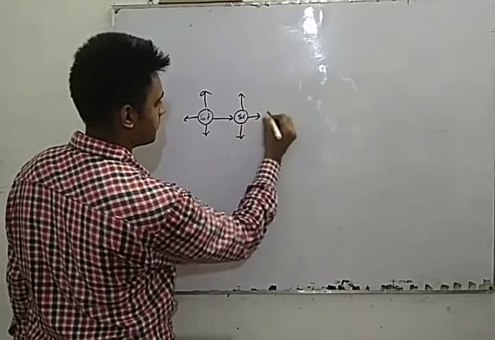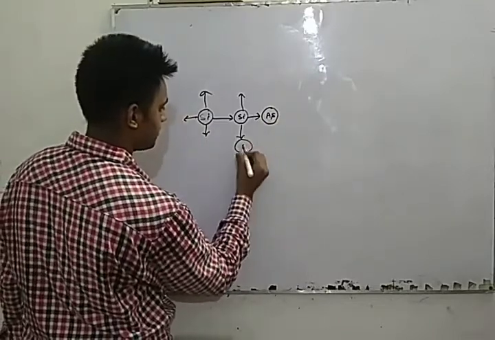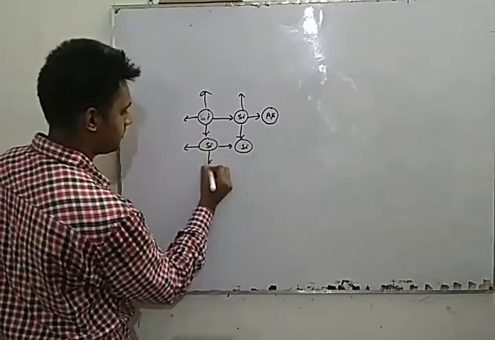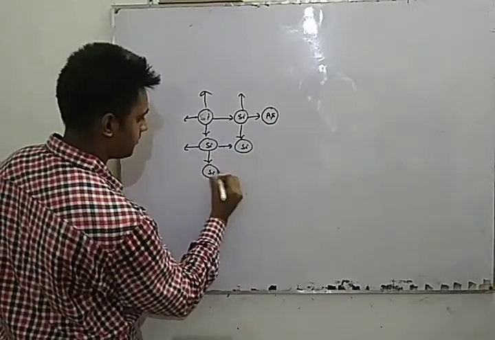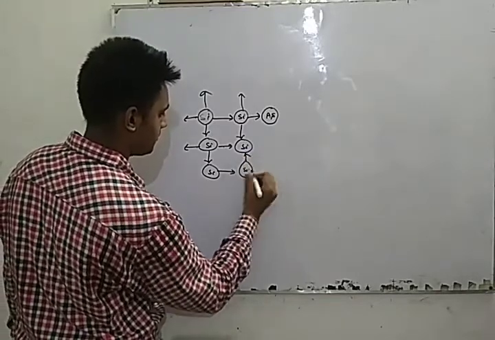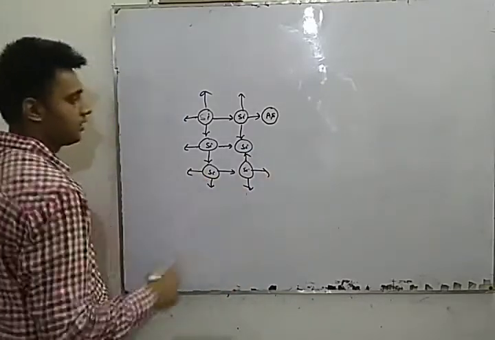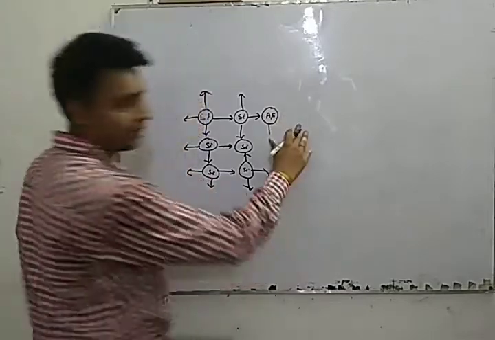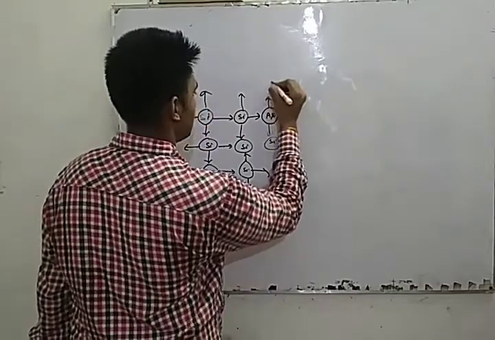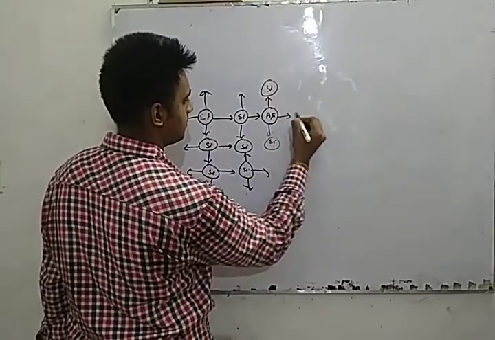So arsenic, silicon. Arsenic is from the nitrogen family, and it has a valency of 5.